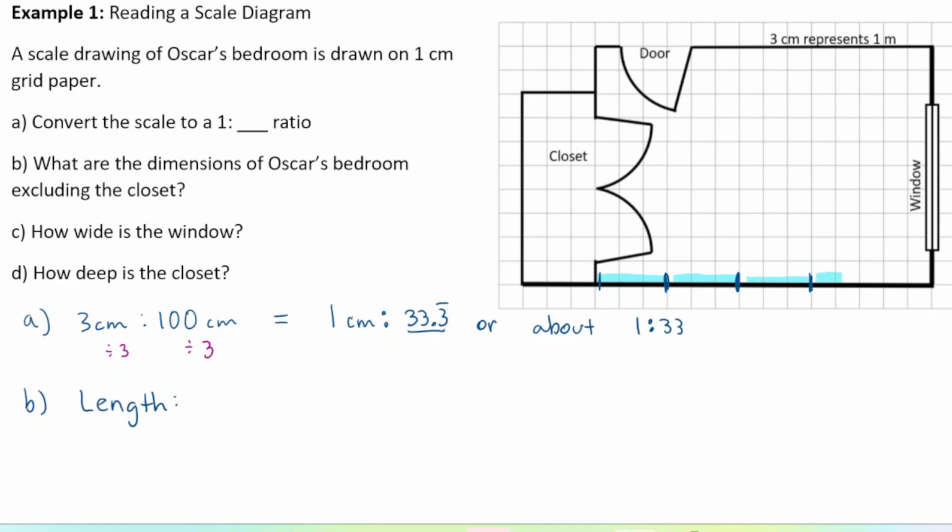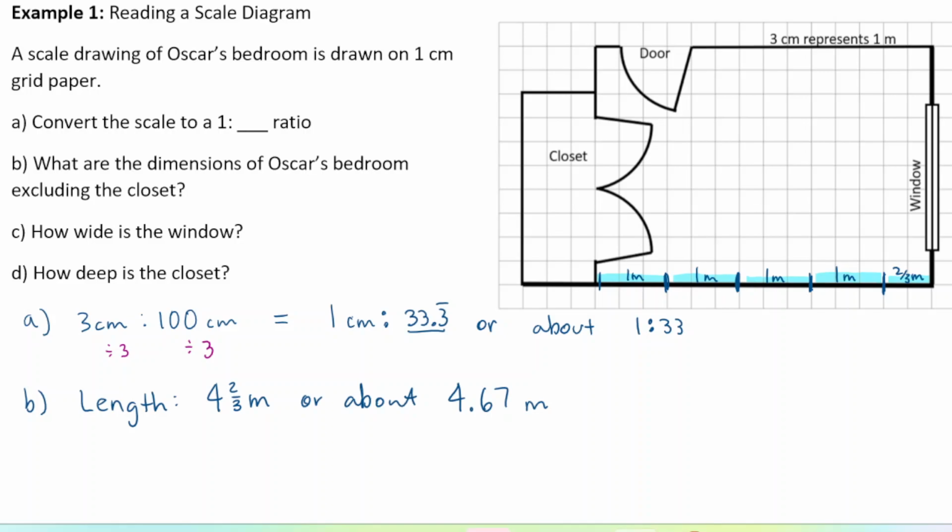And another meter. And then 2/3 of a meter at the end. So this is 1 meter, 1 meter, 1 meter, 1 meter, and then 2/3 of a meter. Okay, so the entire length of the bedroom would be 4 2/3 meters, or if you want to write it as a decimal, about 4.67 meters. That's the length of his bedroom.